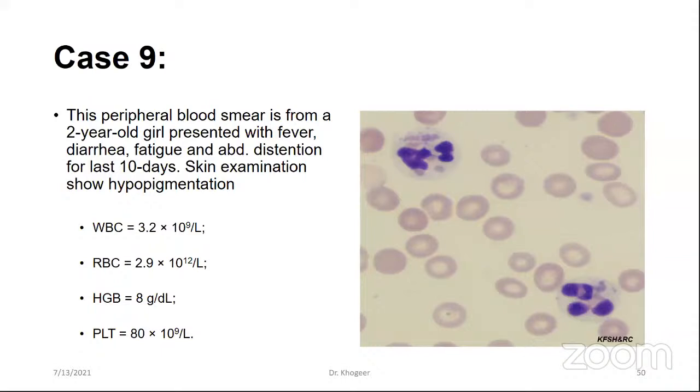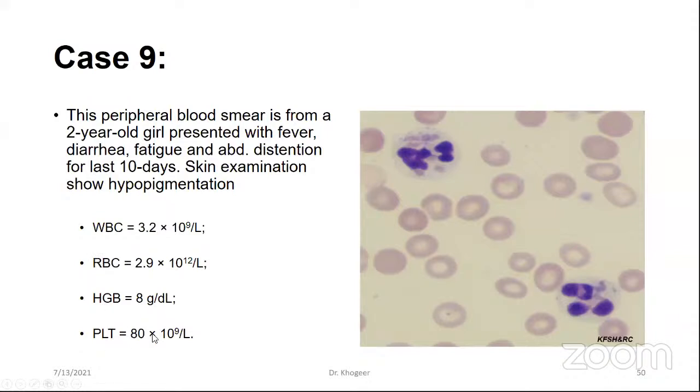Skin examination was remarkable with patchy hypopigmentation around the face, trunk, back, abdomen, hands and feet, along with hypopigmented silver gray hair. Her CBC shows leukopenia, anemia, and thrombocytopenia.